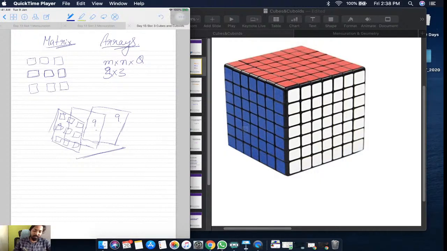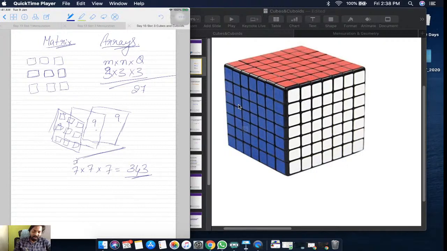There are 3 stacks. 3 into 3 into 3. Totally there will be 27. But in the given diagram on the screen, the answer would be 7 into 7 into 7. I have no idea how most of you got 294, but the answer is 343.